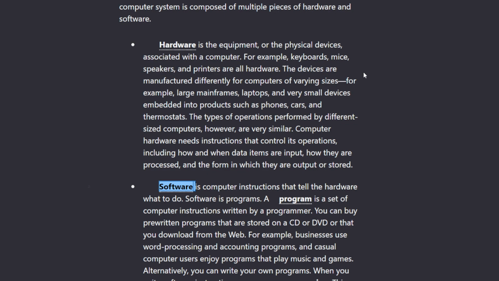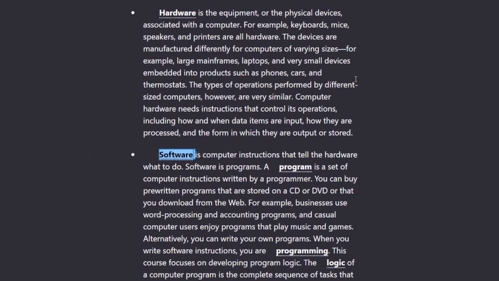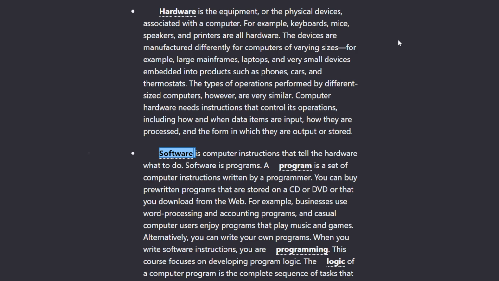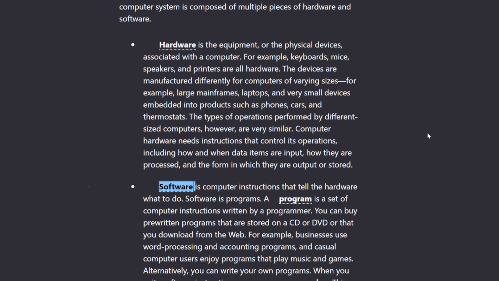Hardware is the equipment or the physical devices. For example, keyboards, mice, speakers, and printers are all hardware. The devices are manufactured differently for computers of varying sizes, for example, large mainframes, laptops, and very small devices embedded into products such as phones, cars, and thermostats.